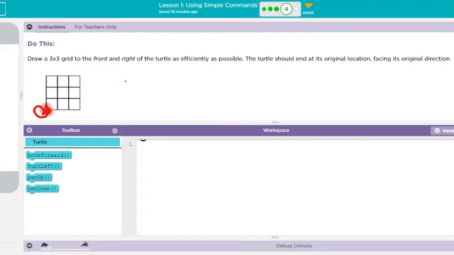So we have to do first things first, and we're going to turn this turtle this way, so now it's facing in that direction. I'm going to move forward 1, 2 spaces. The reason I'm going to move forward 2 spaces is because my goal is to do this.